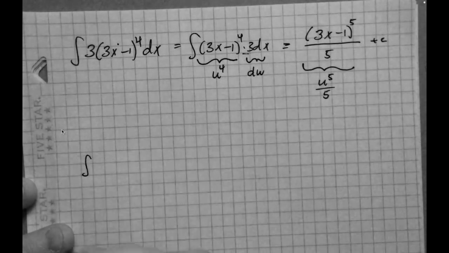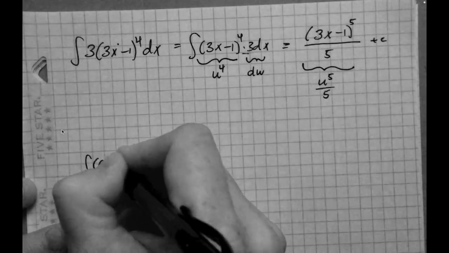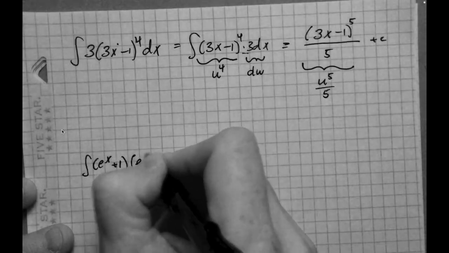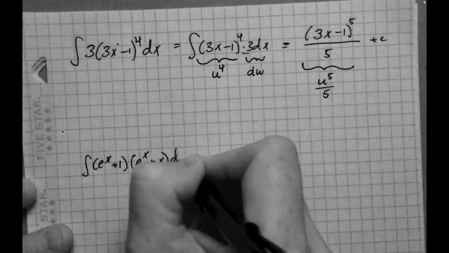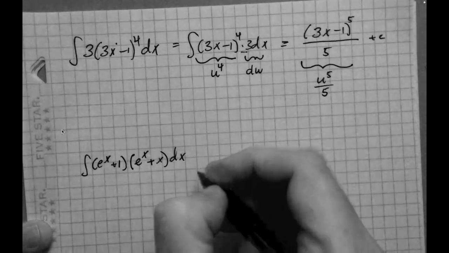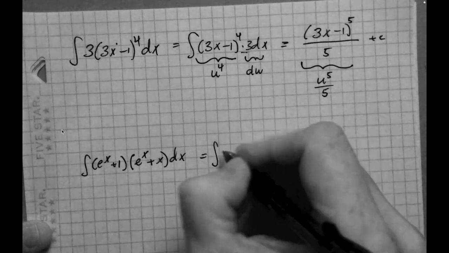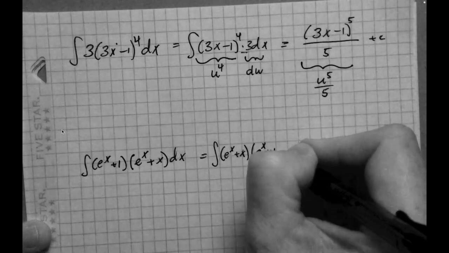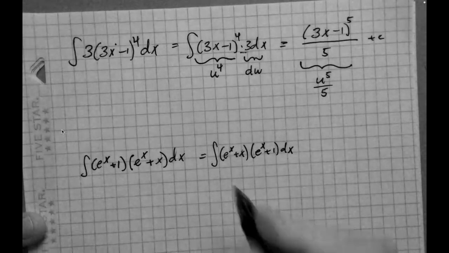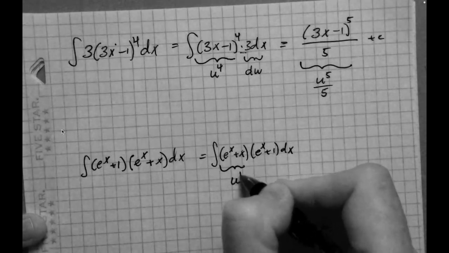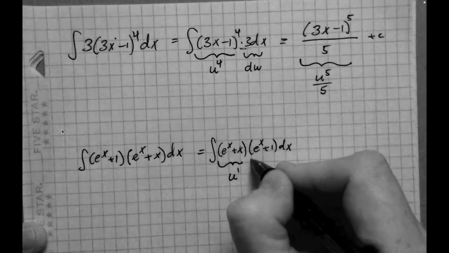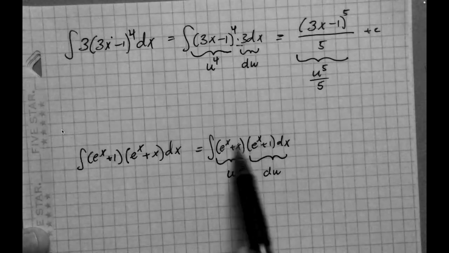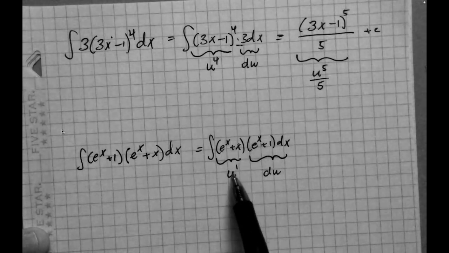So another example: e to the x plus 1 times e to the x plus x dx. Again I could switch the order of this: e to the x plus x times e to the x plus 1 dx. Now you can think of this as your u to the first power, and that makes all of this the du. Notice if this is u, that's u to the first power, not u prime.